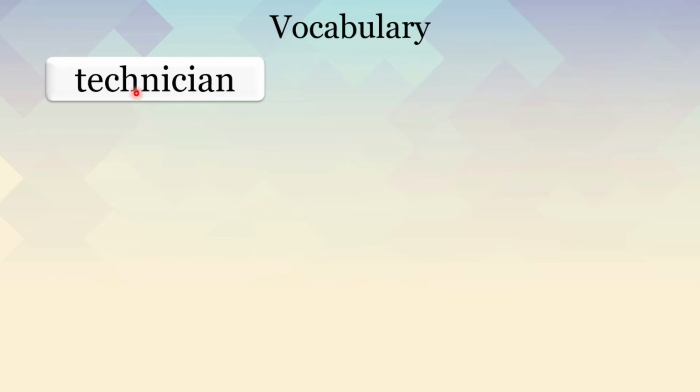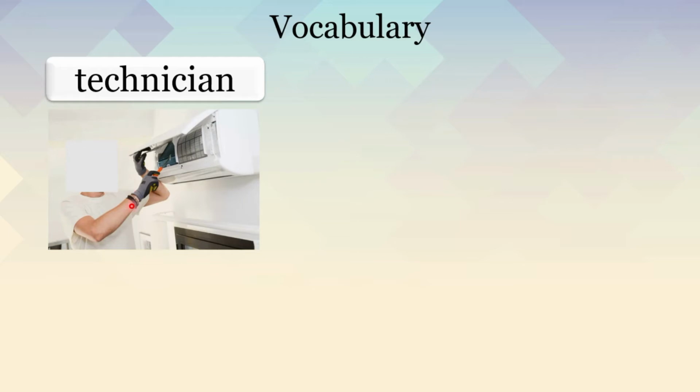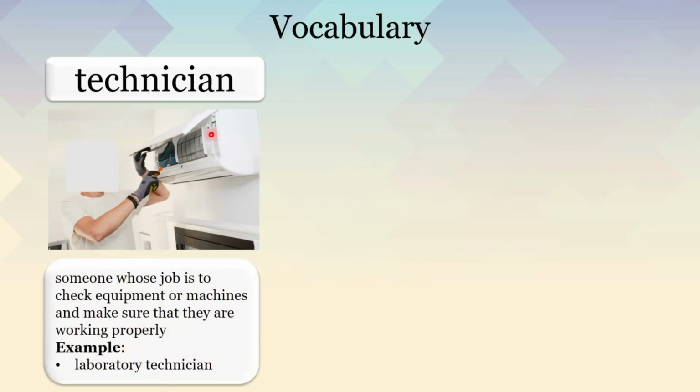Then we have technician. You can see that a technician is a person who checks and makes sure that machines are working properly. So a technician is someone whose job is to check equipment or machines and make sure that they are working properly.